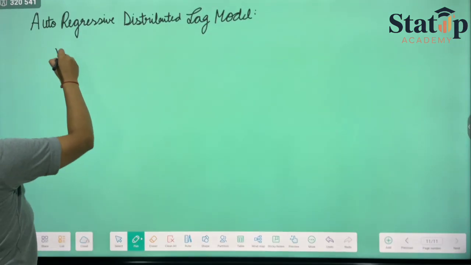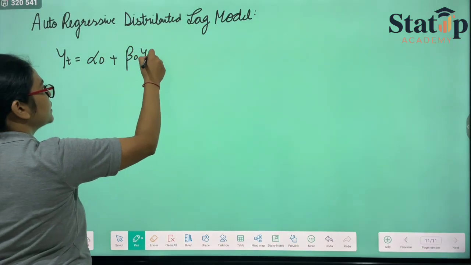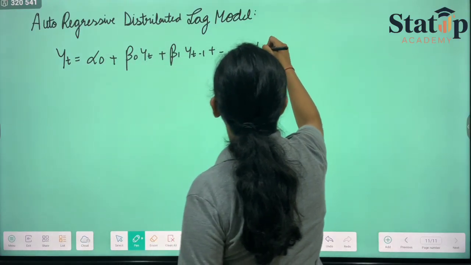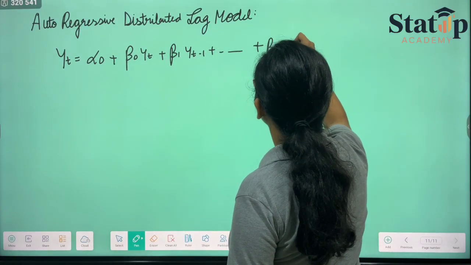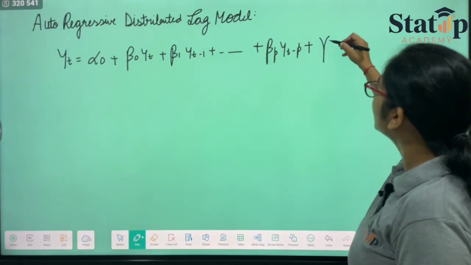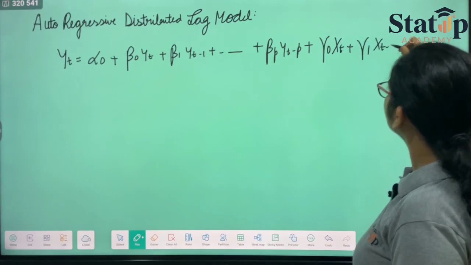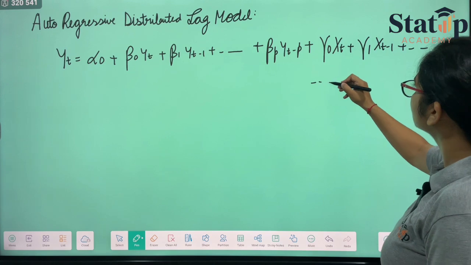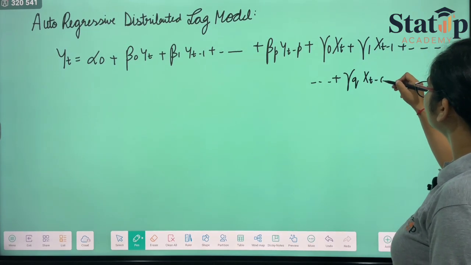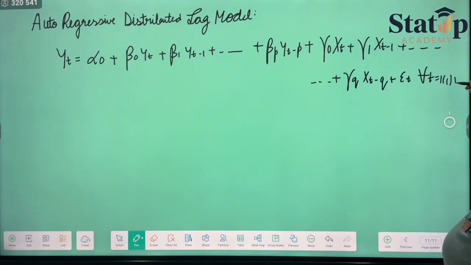So let us consider y_t equals alpha naught plus beta naught y_t plus beta 1 y_{t-1} plus up till beta p y_{t-p} plus gamma naught x_t plus gamma 1 x_{t-1} up till gamma q x_{t-q} plus epsilon_t for all t from 1 to n.